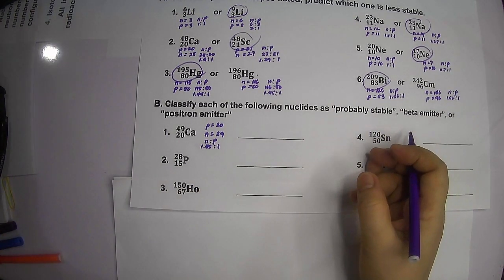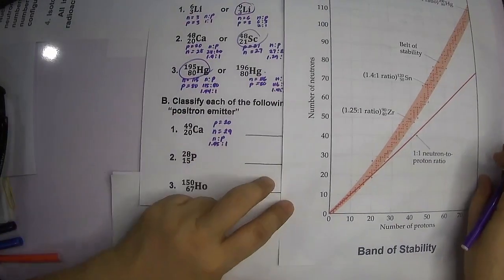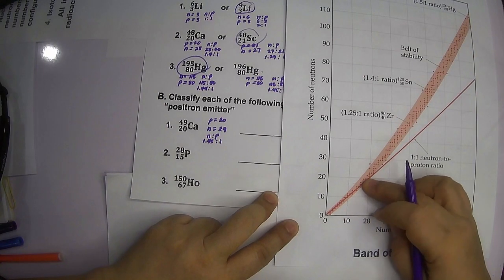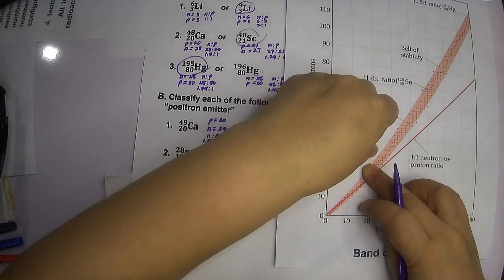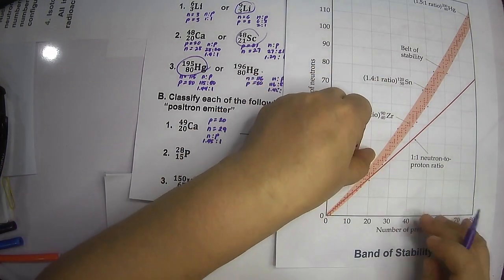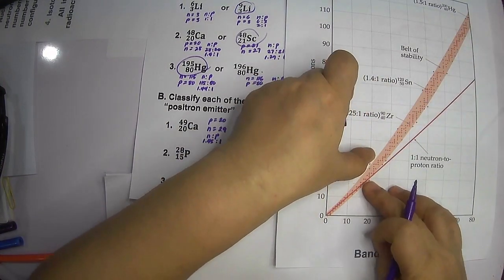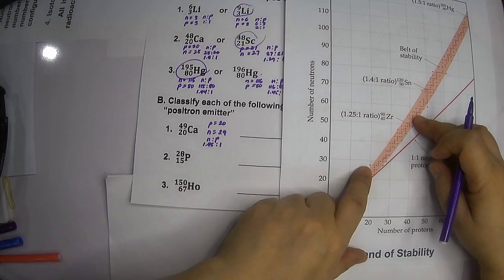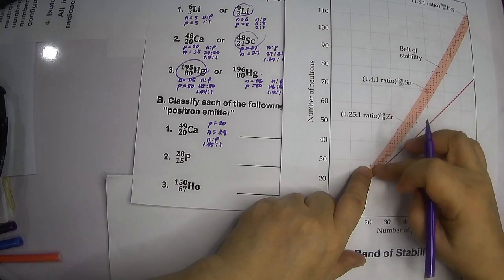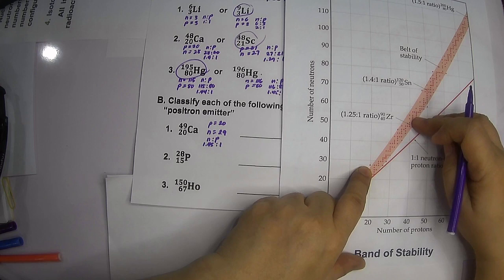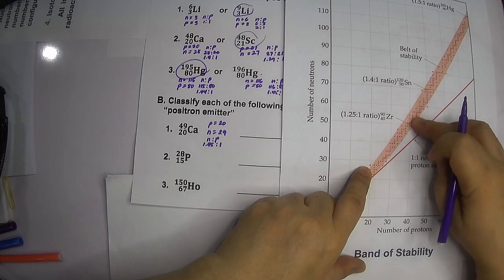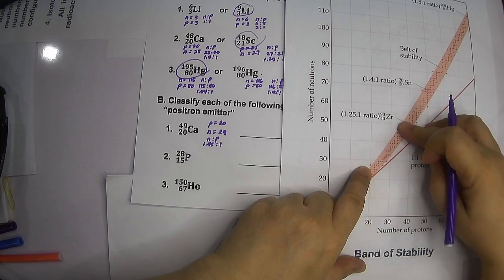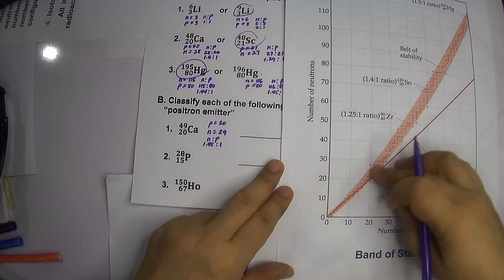Okay, if we consider the band of stability for 20 with the neutron 29, it is above the band of stability because the ratio is 1.45 neutron to proton, and it is only at around atomic number 40 where the ratio is 1.25:1 for zirconium.